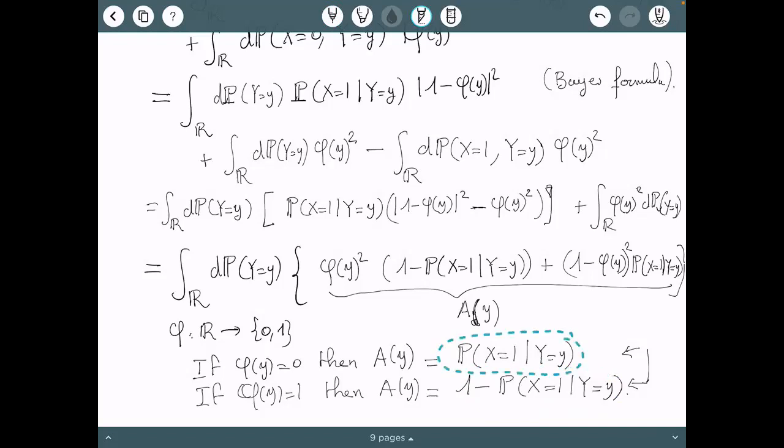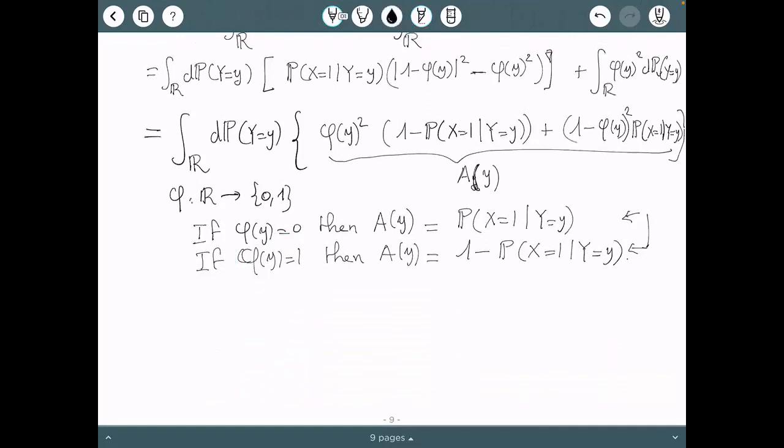So if this quantity is 1/3, I have to say phi of y is equal to 0. But if this quantity is 2/3, then it is 2/3 and 1/3. So if I want to take the minimal value, I would prefer to take phi of y equal to 1.